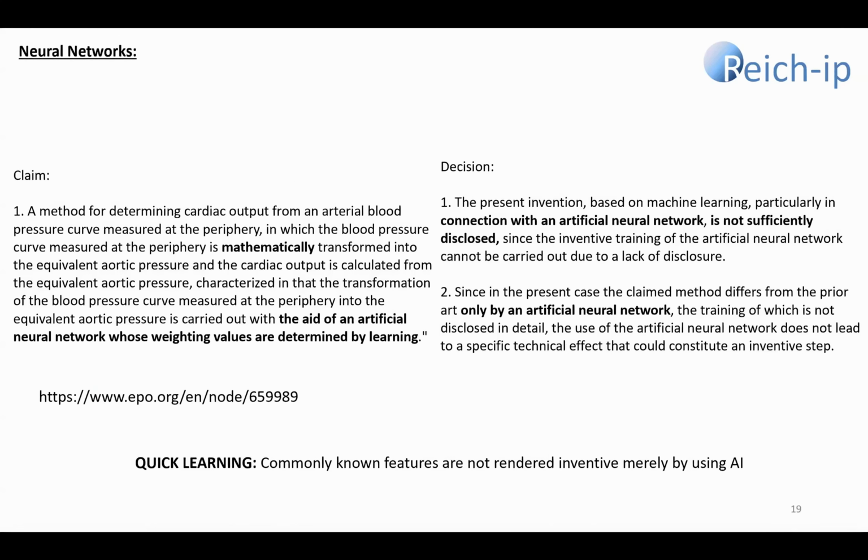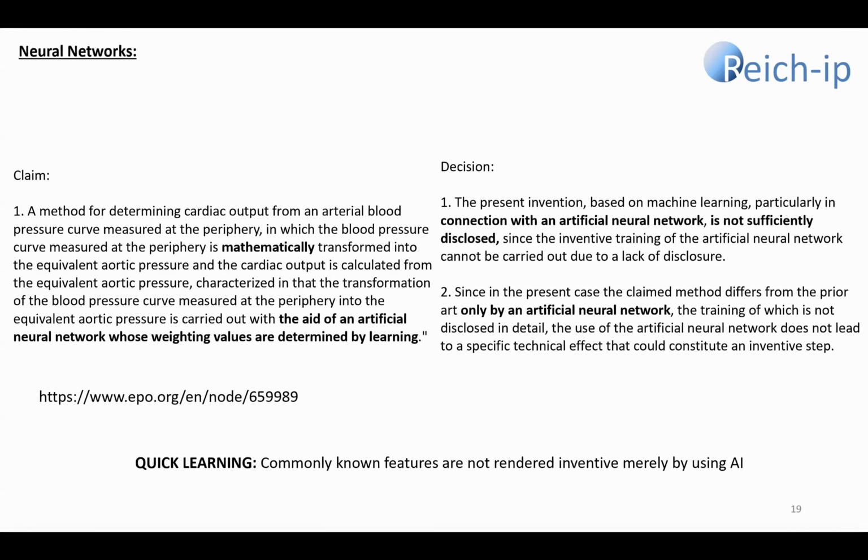So let's go to a further case law. I cannot always present the full claim. This would be time intense. So what we have here is a method of determining cardiac output, which relies on a mathematical model. And furthermore, in the last line, we have the aid of an artificial neural network whose weighting values are determined by learning.